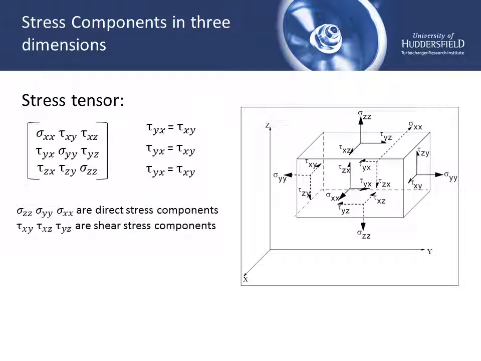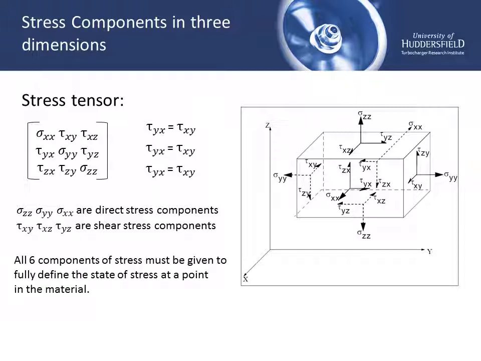Equilibrium of that little element on the right-hand side there dictates that the shear stresses must pair up. So we actually need to only define 3 shear stress components. But all 6 stress components, the 3 direct stresses and the 3 shear stresses, are needed to properly define the state of stress at a point within the material.